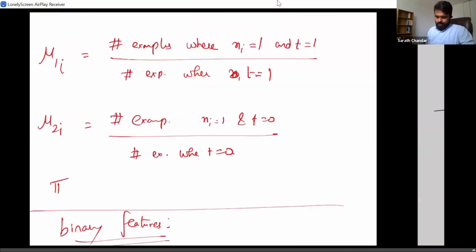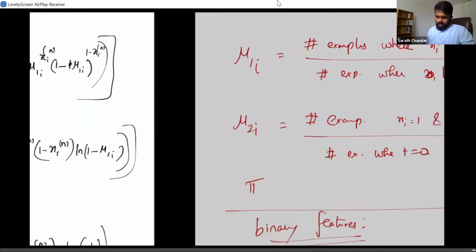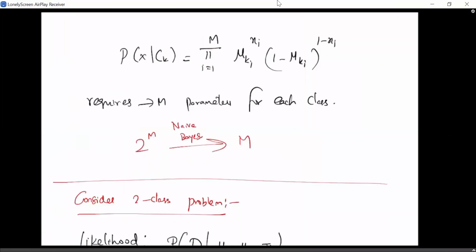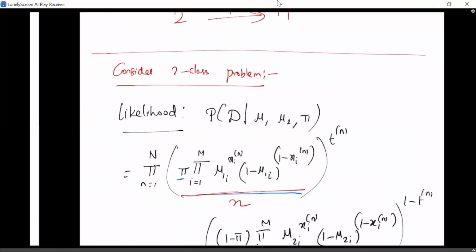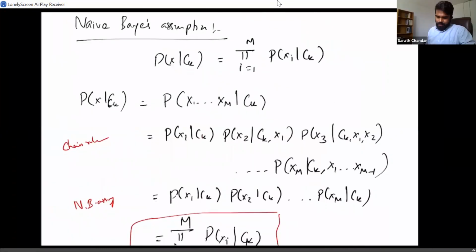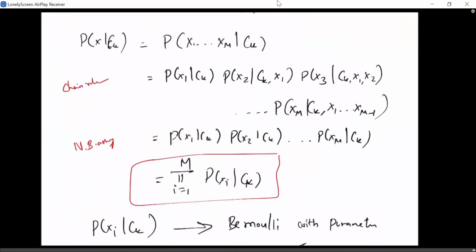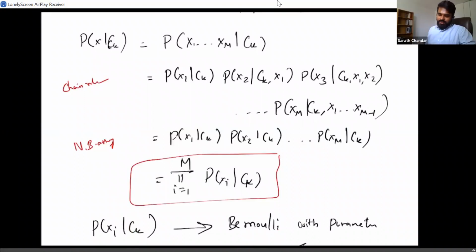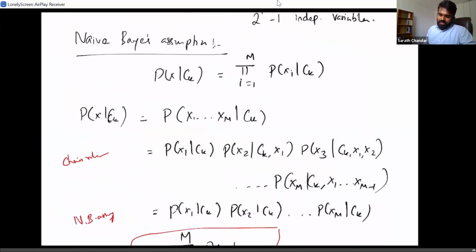Which part are you talking about? In the naive Bayes assumption, right after the discrete features, yes. I did not understand the point of the chain rule. Oh, okay. So this equation, I was just deriving this equation here.